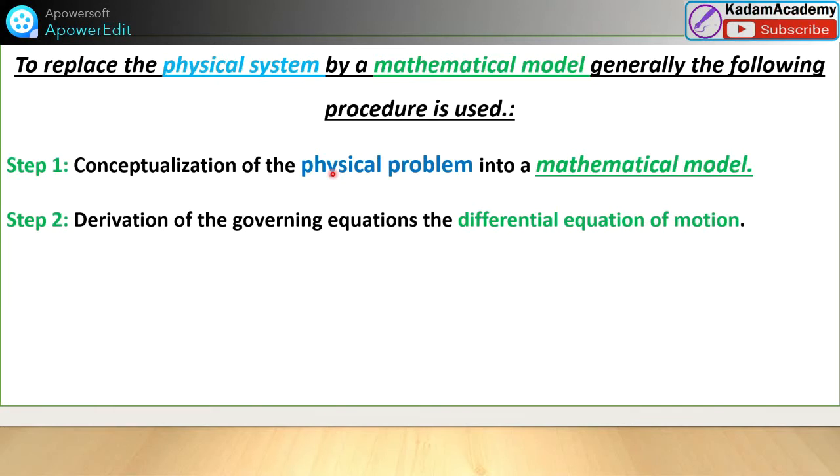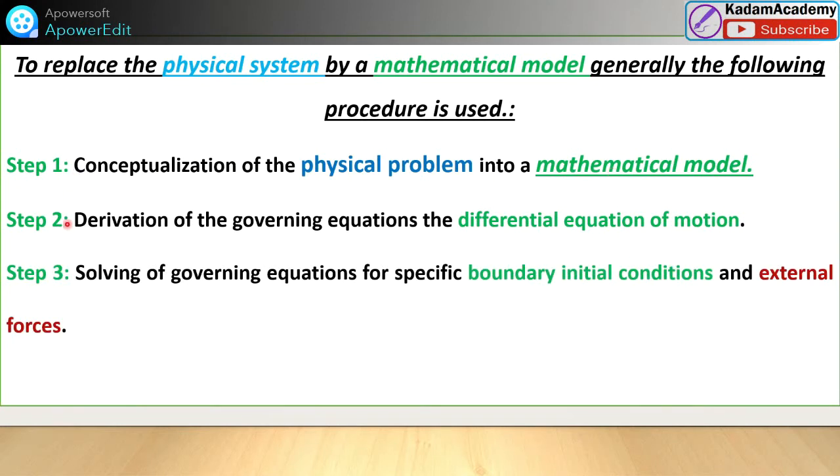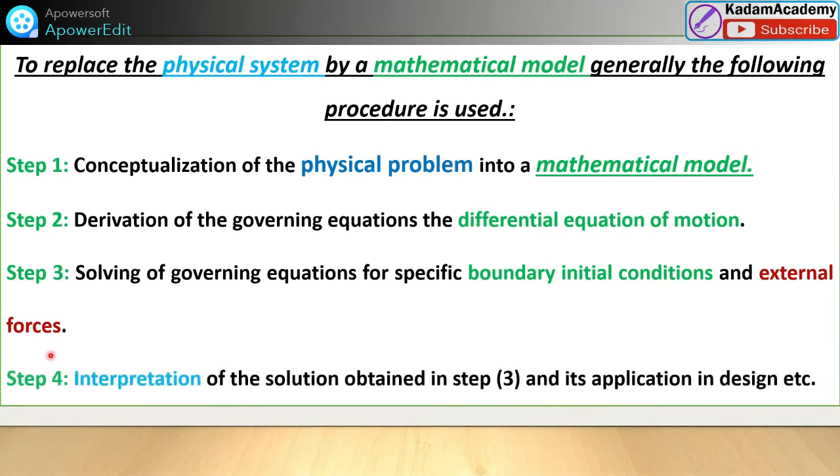The physical model is converted into a mathematical model, and the governing differential equation is derived for it. After getting the equation, we solve the governing equation for the given conditions, such as boundary conditions or the external forces, by using various methods.